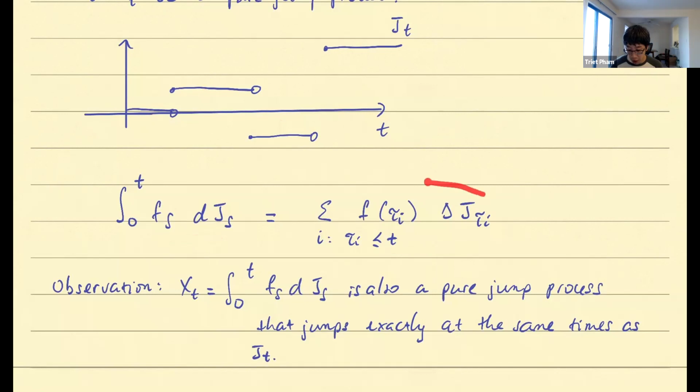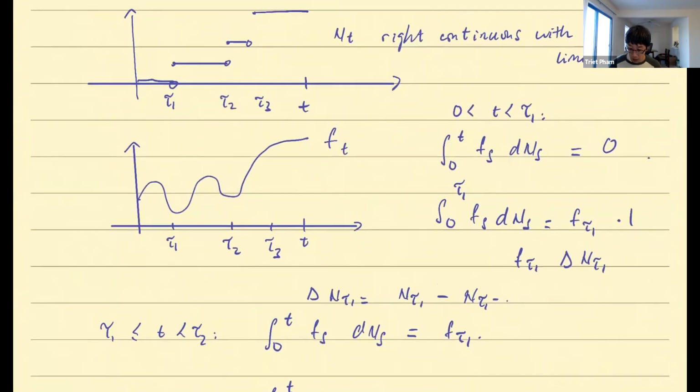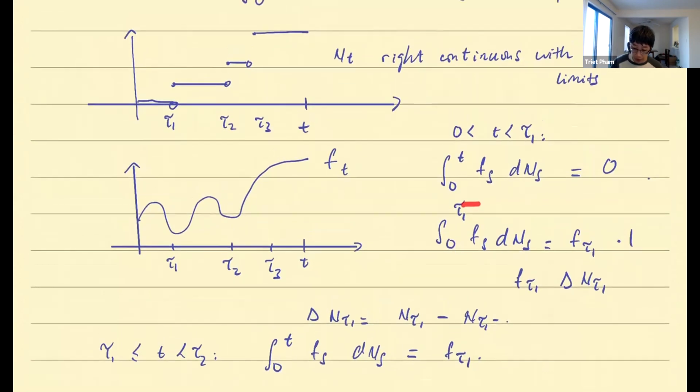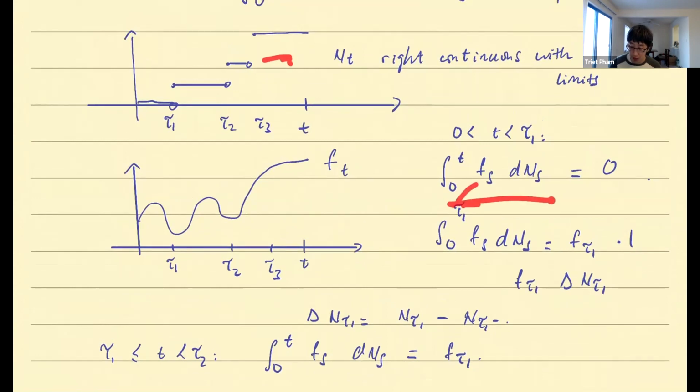Of course, what changes is the jump size. What we're saying is, if you integrate against the Poisson process, what you get is a pure jump process where the jump size will be, for this case, the value of the function at the jump point. So the jump size for this new process is the value of f at those points.